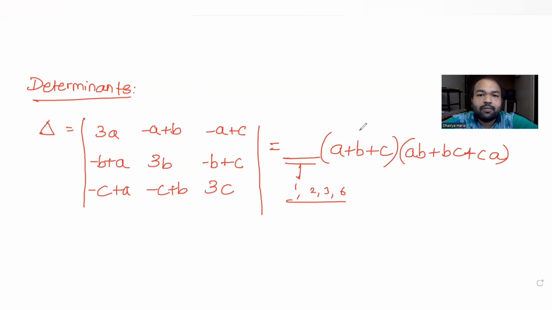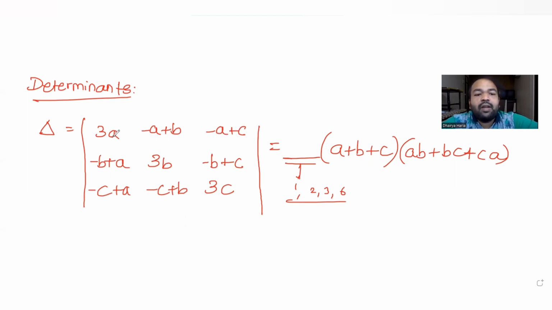Let's start the question. First step: if I see all the diagonal elements, they are multiplied with 3, so a, b, and c are respectively multiplied with 3. And in the first row, the non-diagonal elements are minus a with b and c added.